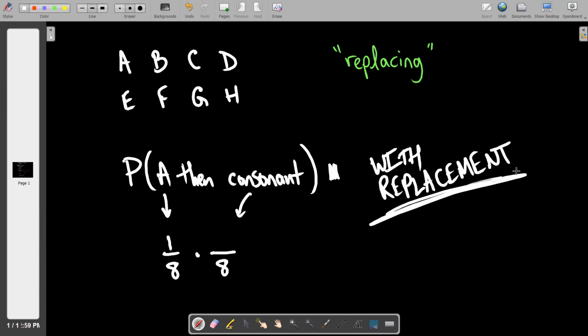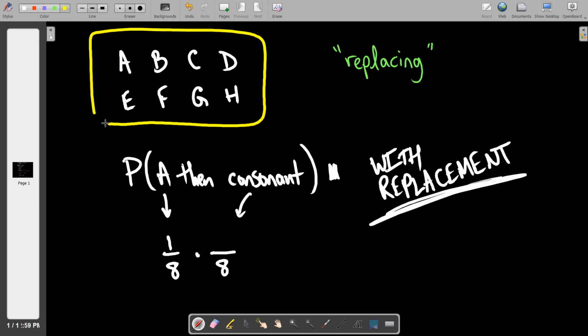Like Micah said, we look at the state of affairs here, and we see the hat still looks exactly like it did before. These 8 letters are still mixing around in there. And Micah says there's 1, 2, 3, 4, 5, 6 out of 8. And so Peyton's second probability is 6 out of 8. Still with me?